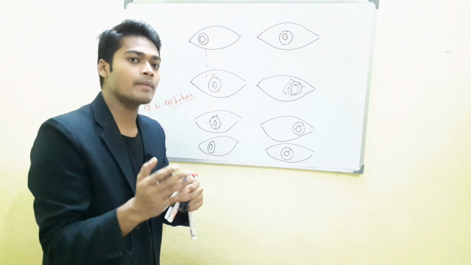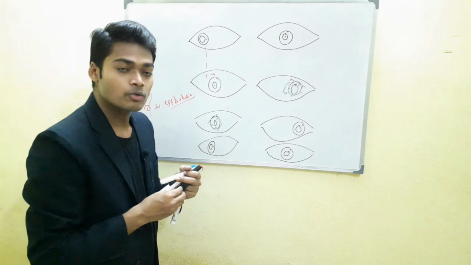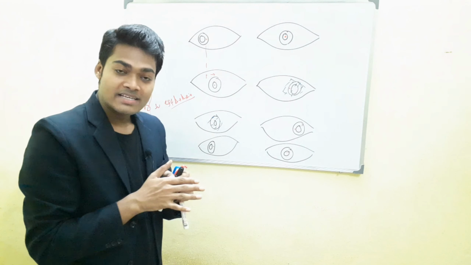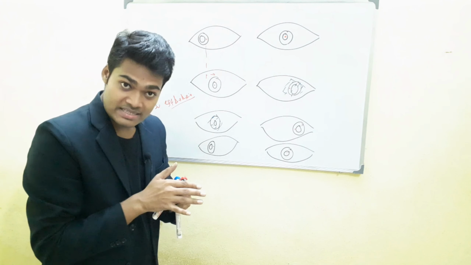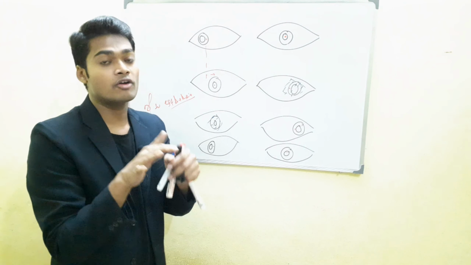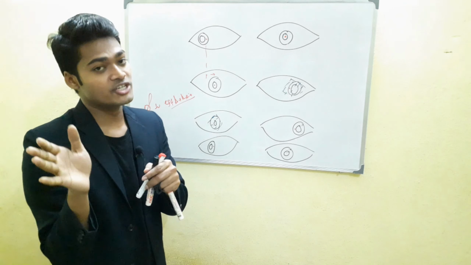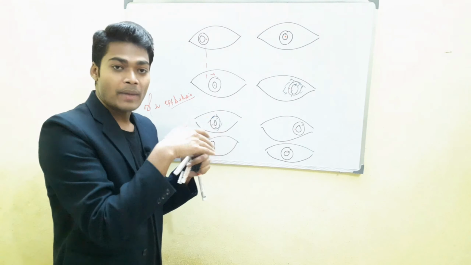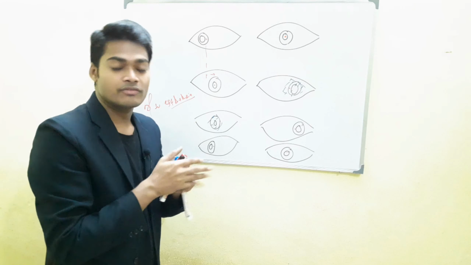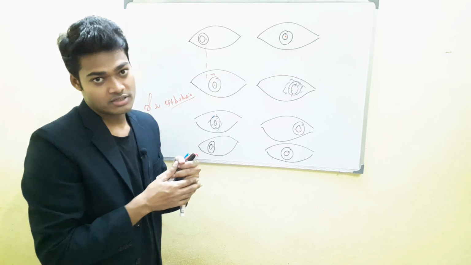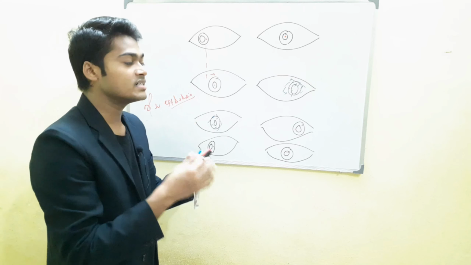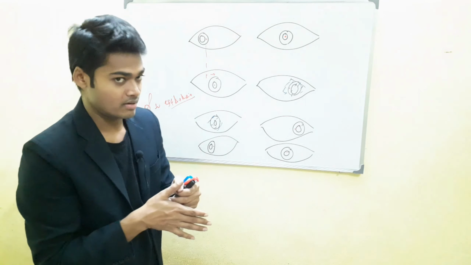Just as a recap, in paralytic squint, the primary deviation is when the normal or fixating eye maintains fixation and the paralytic eye is less deviated, because it is already paralyzed, right? We already discussed this in the chapter on muscle sequelae, right?